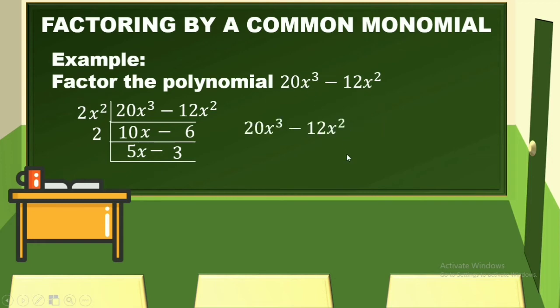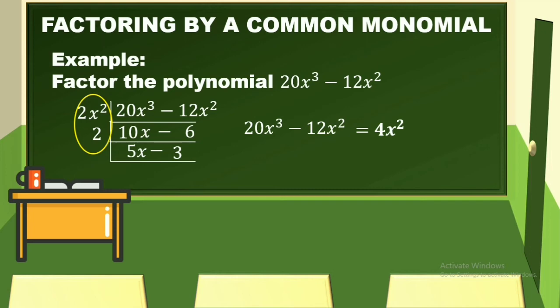So that is 20x cubed minus 12x squared is equal to the GCF of these terms. Ano yun? The product of 2x squared and 2. That is the GCF. Okay, the factors outside the elbow. What is that? That is 4x squared. So what is the other factor?